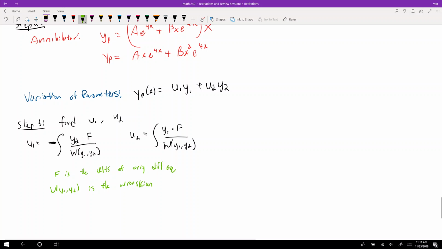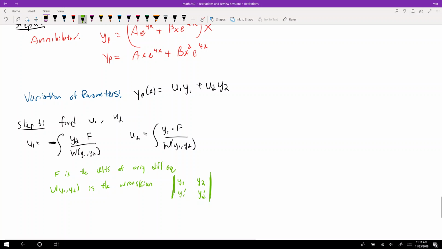If you remember, this is y1, y1 prime, and then y2, y2 prime, and you take the determinant of that, which is the square brackets. We covered this in class, I think, 2-3 weeks ago when we introduced diff EQs. Essentially, it tests for linear independence of your homogeneous solutions, but here we can use it in this integral.